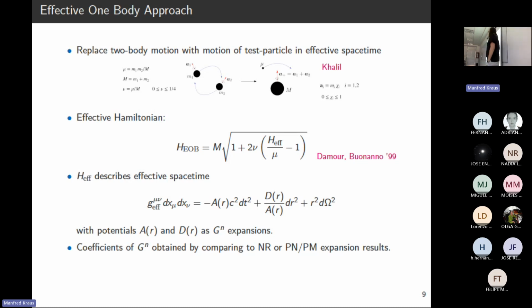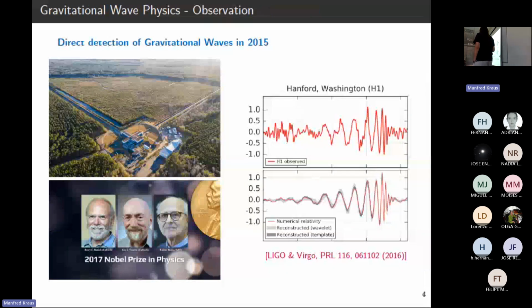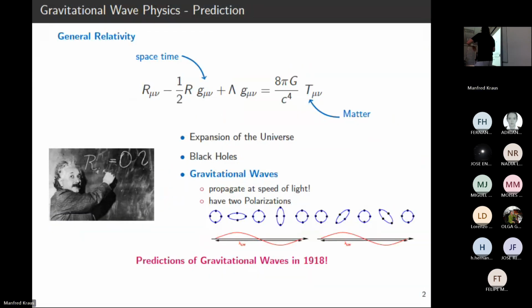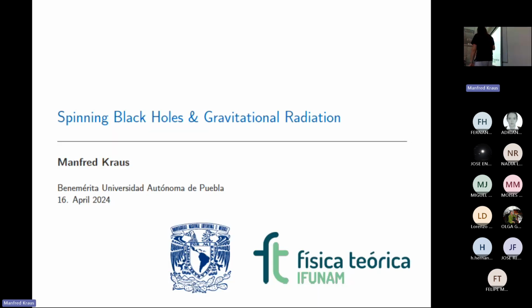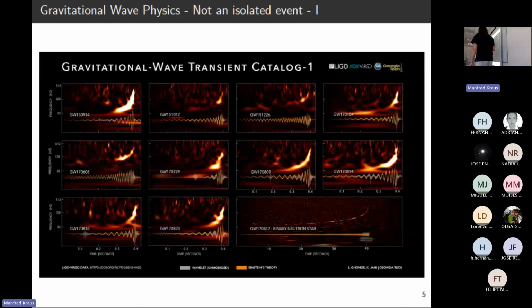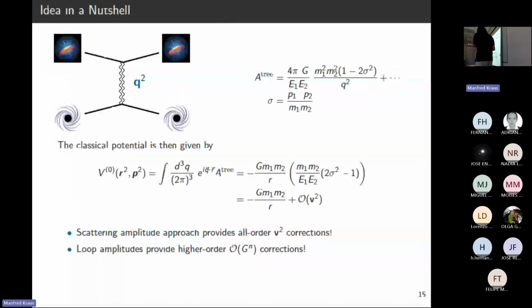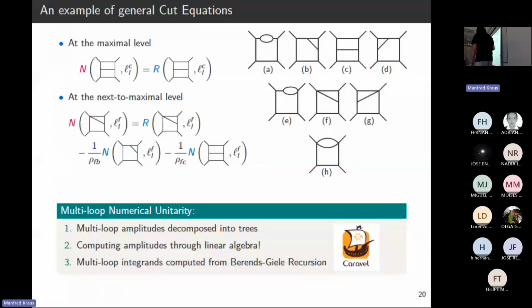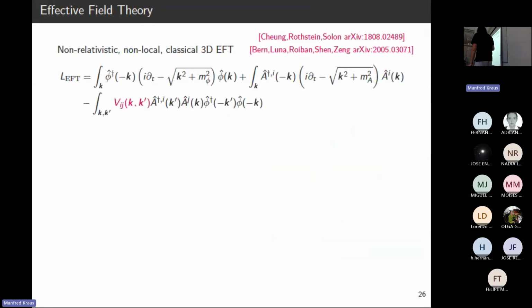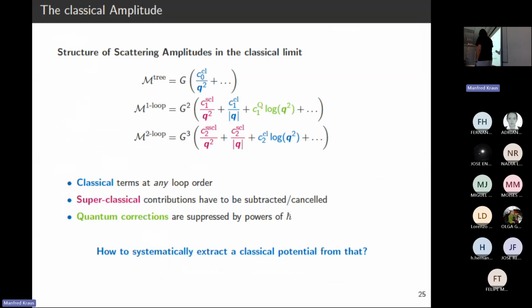Another question. Now, what do you mean by superclassical contributions? Superclassical are these that are going like 1 over h bar, which would tell you, okay, the classical limit doesn't really exist because there's something divergent. But what happens is, this superclassical term, this C1, is essentially C0 squared.